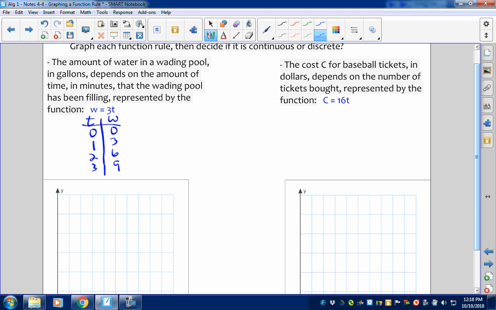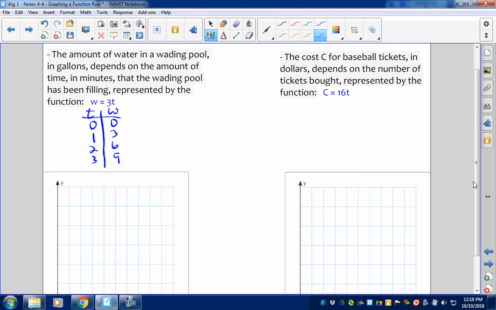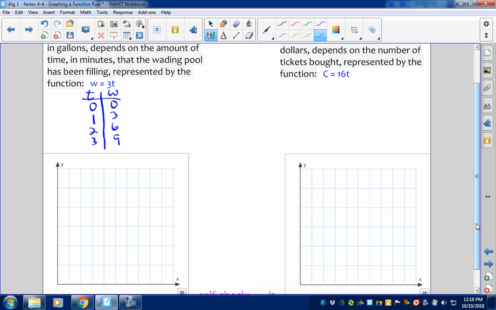So as you're filling a pool, does that sound like a continuous function or one that is discrete? Could you have any amount of water in the pool at any given time? Yes, you could. You could have, at time 1.3 minutes, a certain amount in there that's different than what you have at 1.4 minutes.